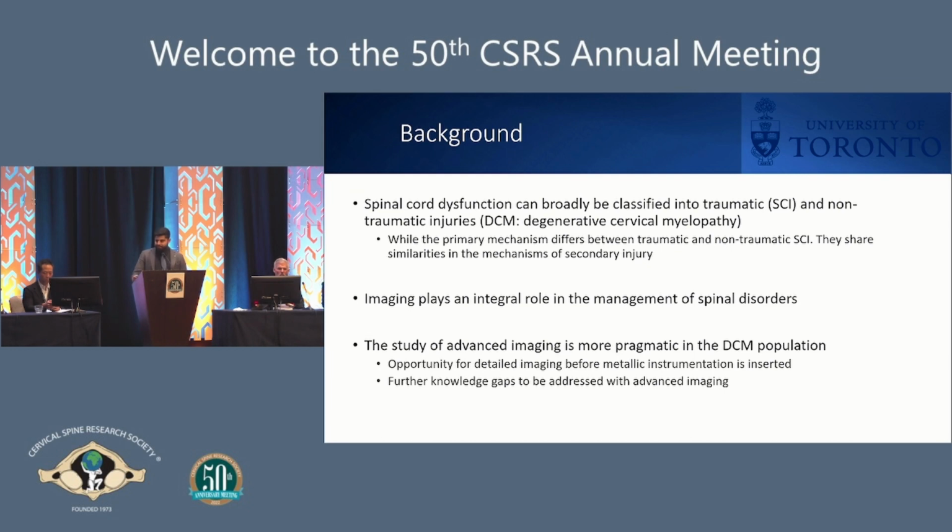This is mainly for practical reasons because there are further uses for advanced imaging for degenerative cervical myelopathy and prognostication. And oftentimes with acute cervical injuries, instrumentation is done acutely and that alters some of the advanced techniques that we use.